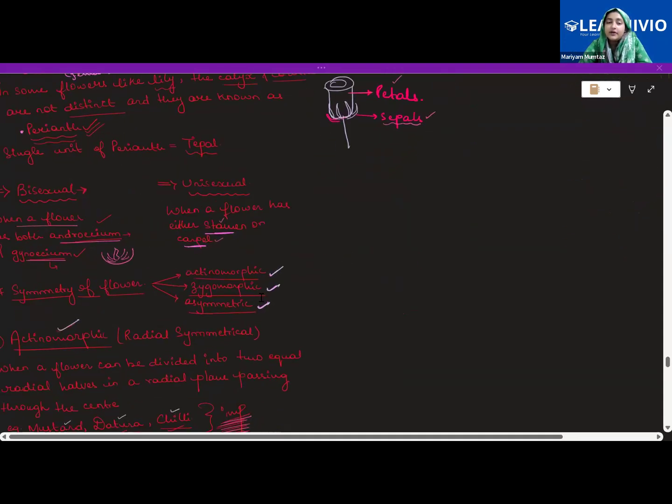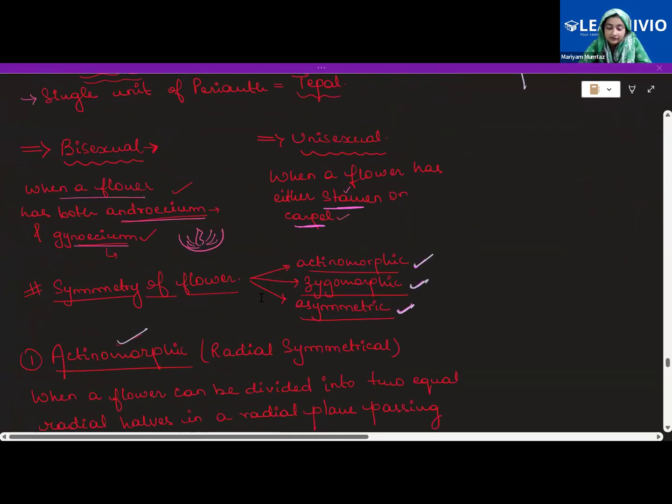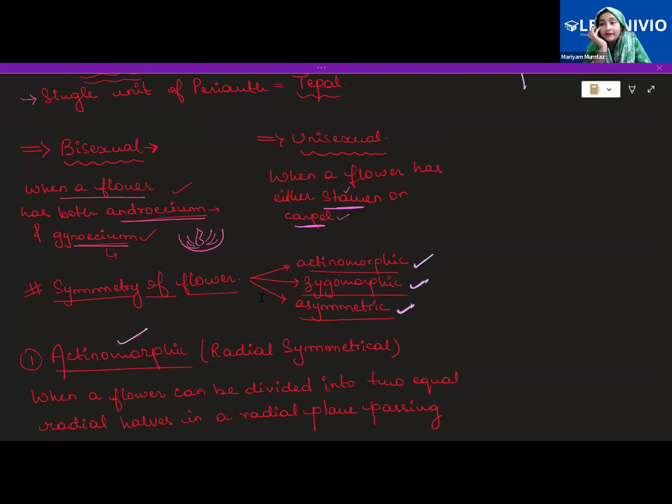Now, depending upon whether one flower has the male and the female units in it, or separate flowers have the male and female, like one flower has just the male, another flower has just the female, the sexuality of the flower is of two types, bisexual and unisexual. Bisexual is the case wherein in one flower there is the presence of androecium and gynoecium both.